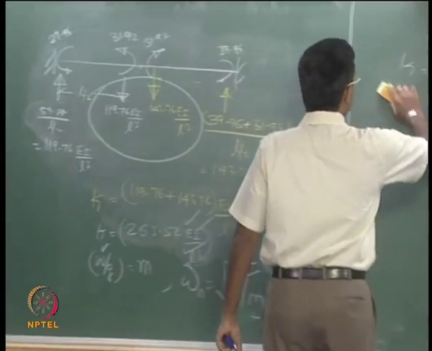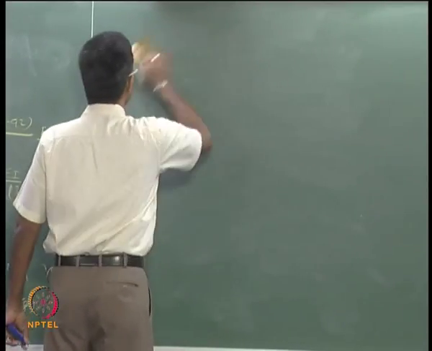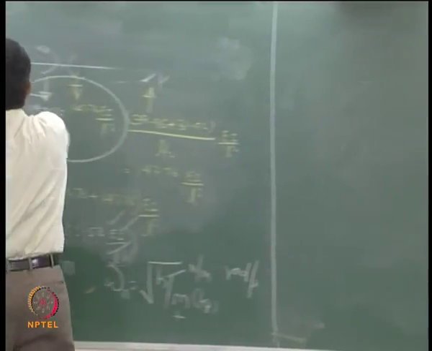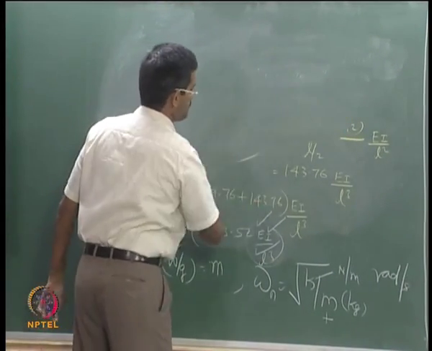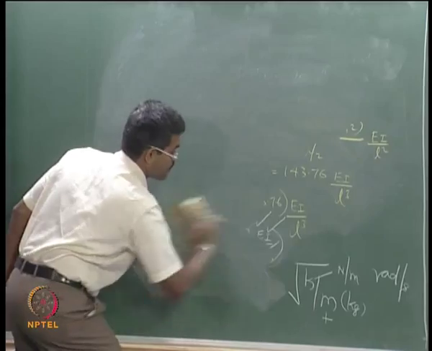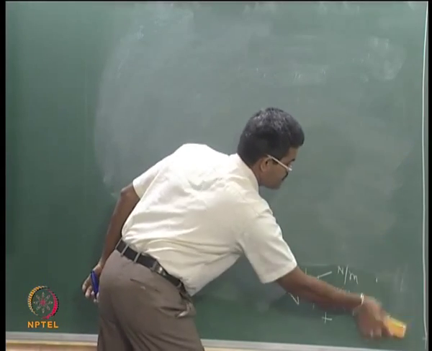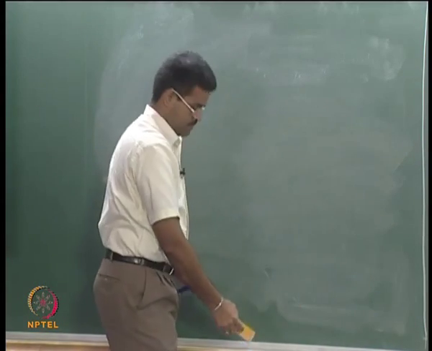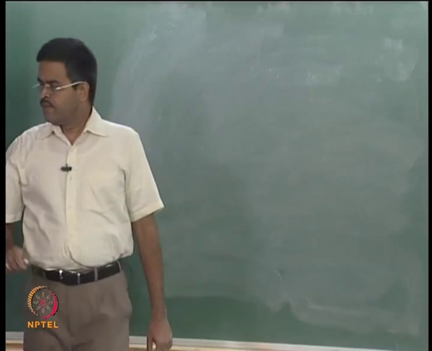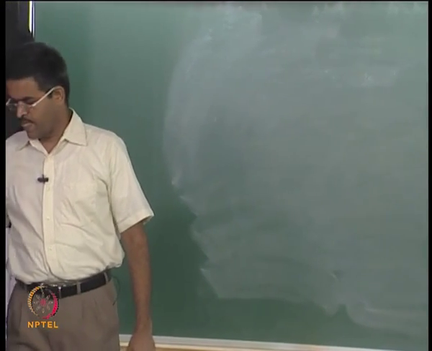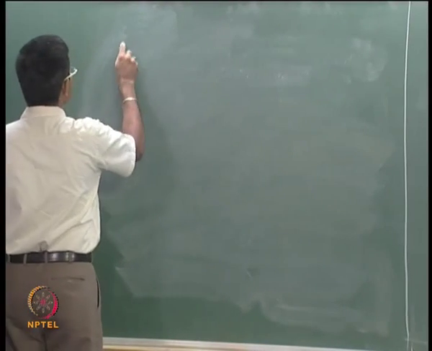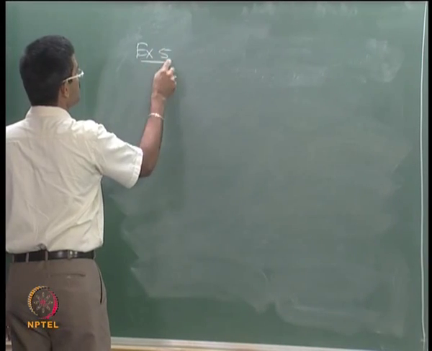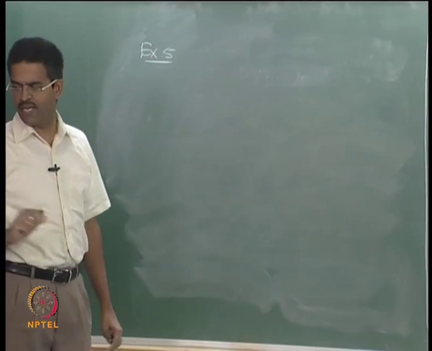Now I have another example here where there are 2 degrees of freedom, but I want to condense it. I am calling this example 5 because example 4 we have already done.